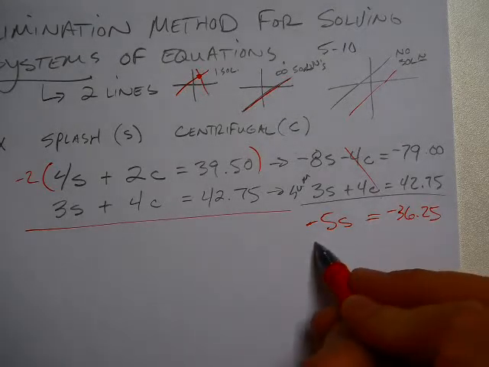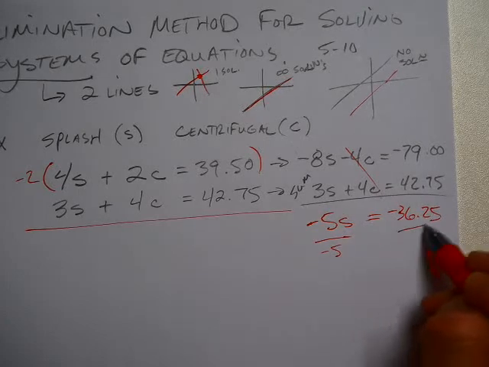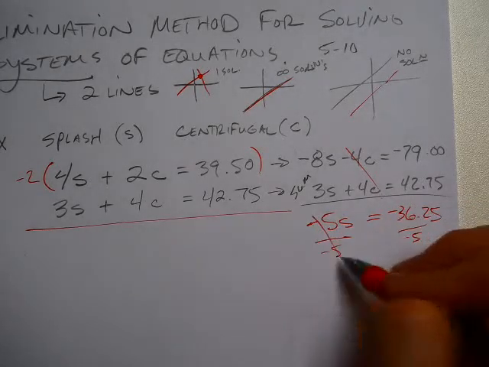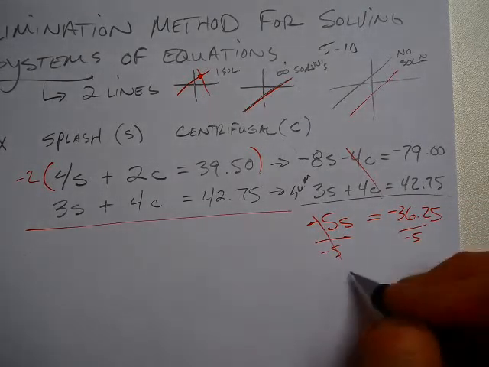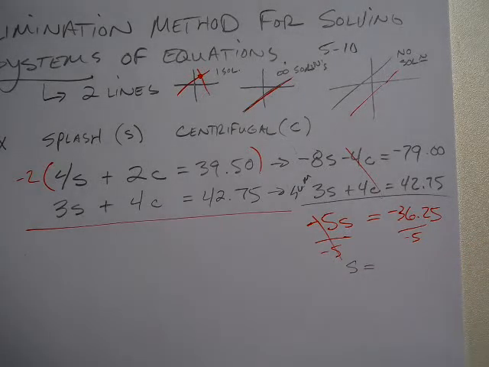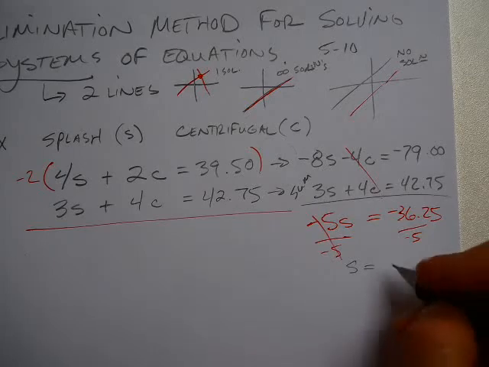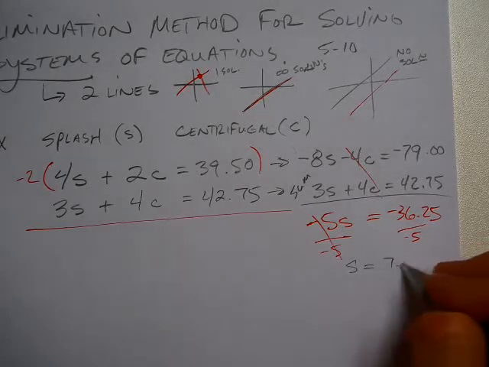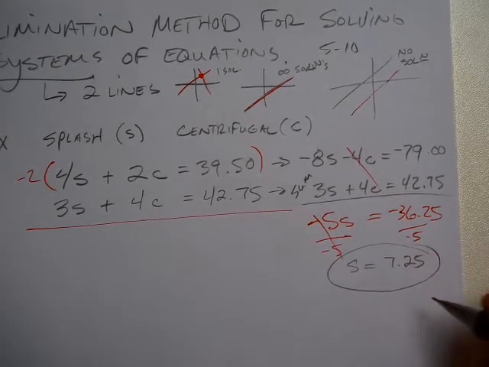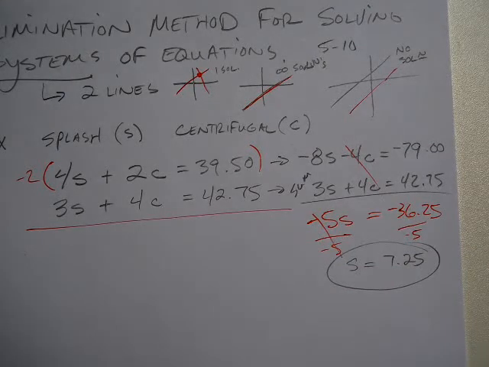So then if I divide both sides by negative 5, I get the price that both paid for the splash ride, which is $7.25. I was able to cancel one so that I can just focus on one type.